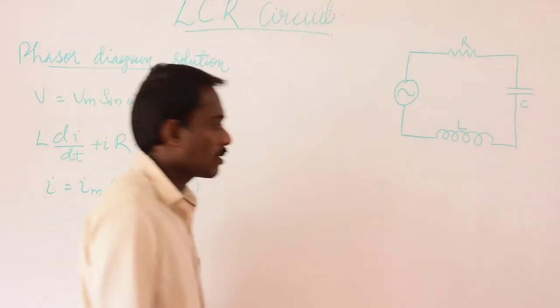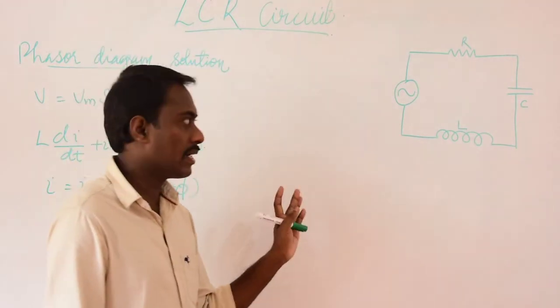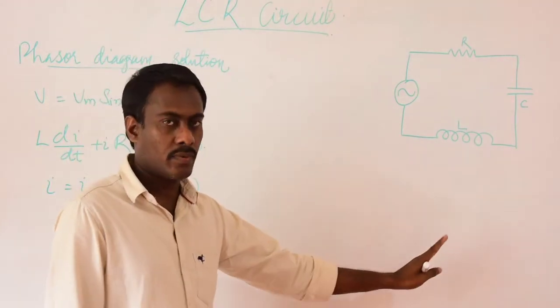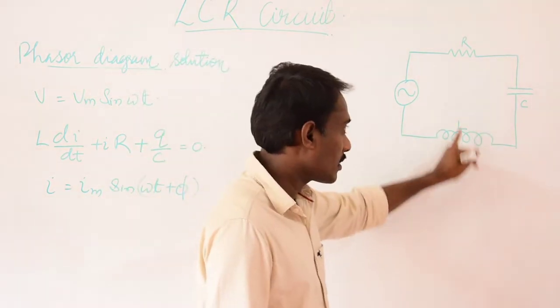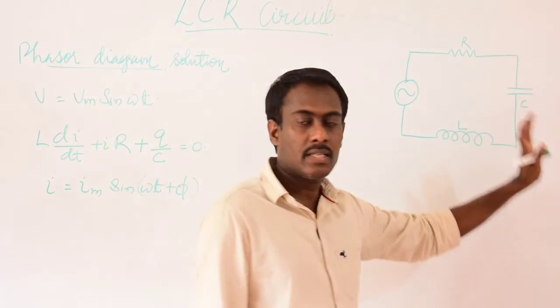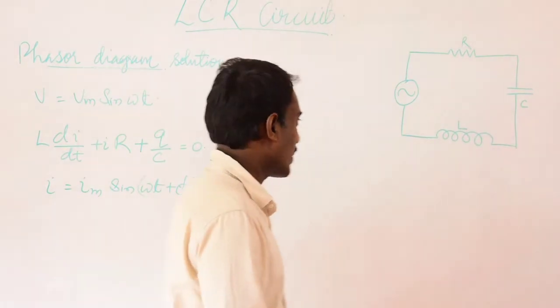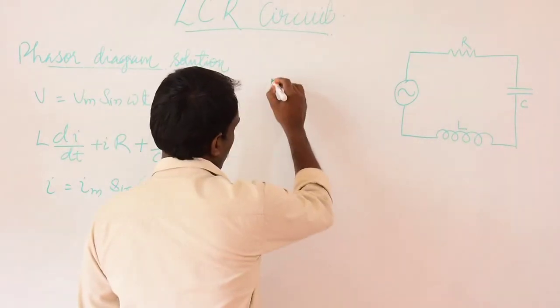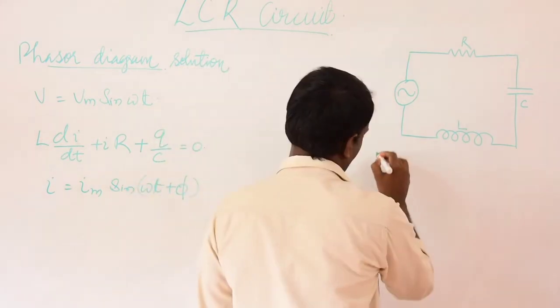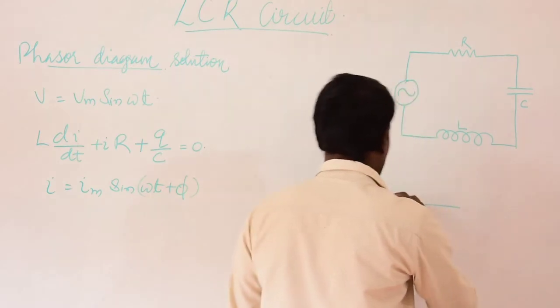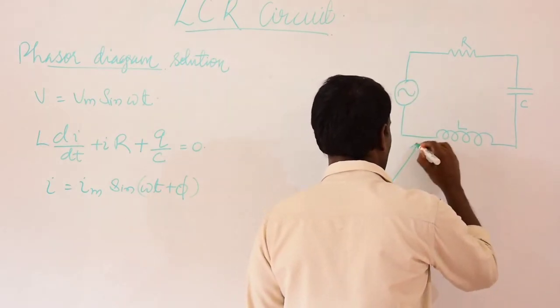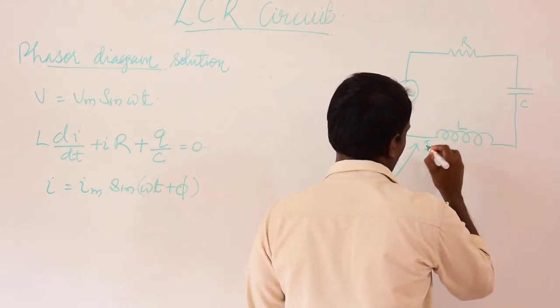In previous sessions we have already learned the phasor diagrams when an AC voltage is applied to an inductor, a resistor and a capacitor individually. Let I be the current phasor.